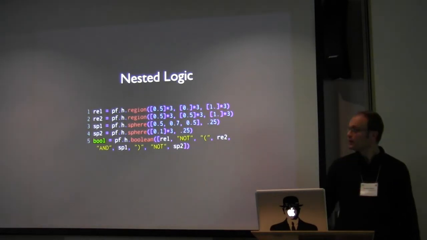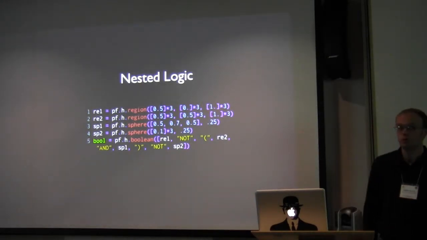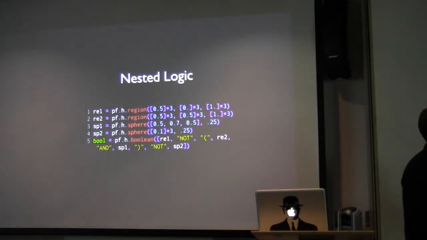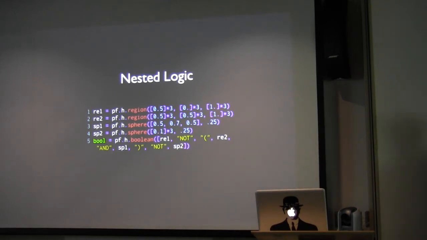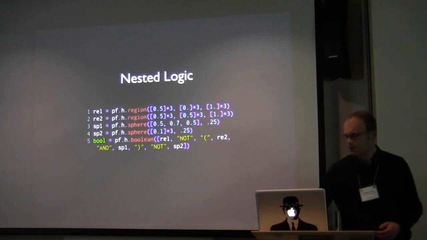And then finally, you can use nested logic to do more complicated volumes. Here I've defined a couple spheres and a couple regions, and I'm relating them with ands and nots and parentheses. And you'll see that I have parentheses as part of the string, and I have an open and closed parenthesis. You can't forget both of them.